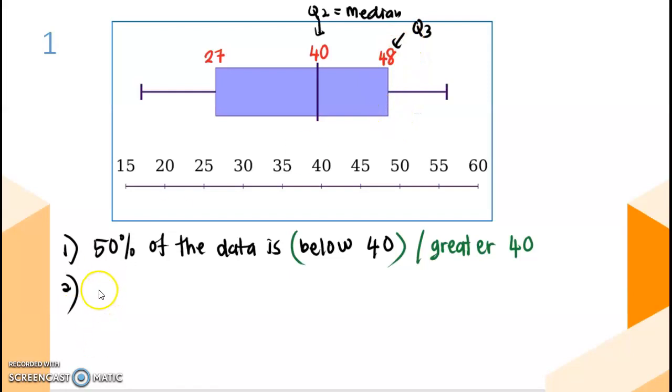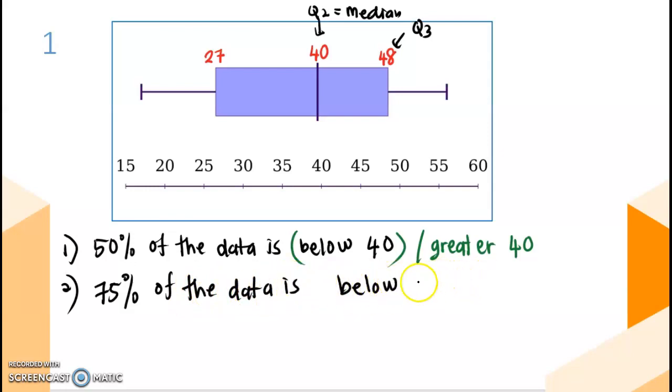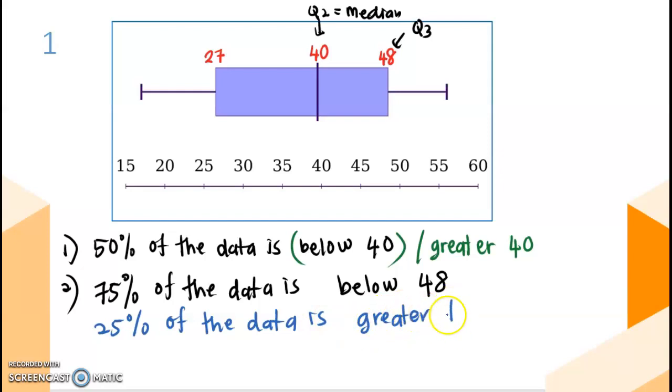So 75% of the data is below 48. Or otherwise, we can say 25% of the data is greater than 48.